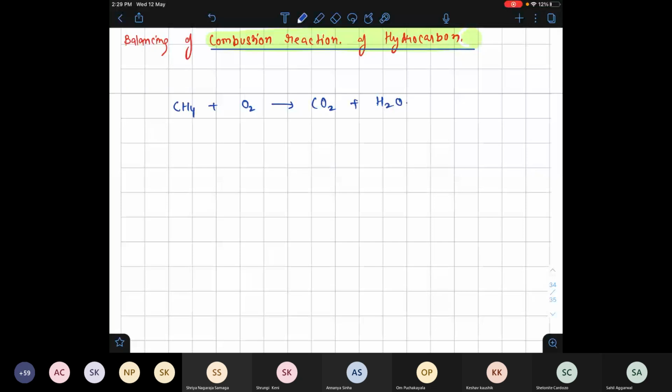See, if you have one carbon here, then you will get only one CO2.